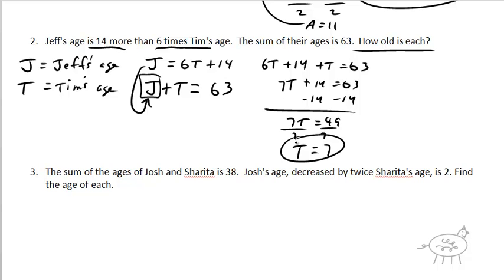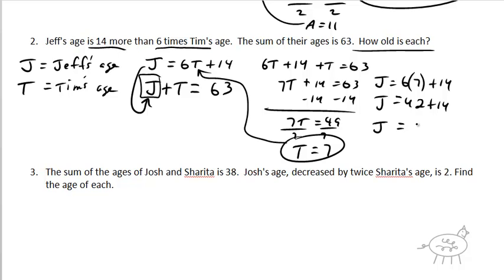Okay, so that's Tim's age, and then J, take that, of course, and plug it back into this one right here. So J is equal to 6 times 7 plus 14. So J equals 42 plus 14, so J is equal to 56.